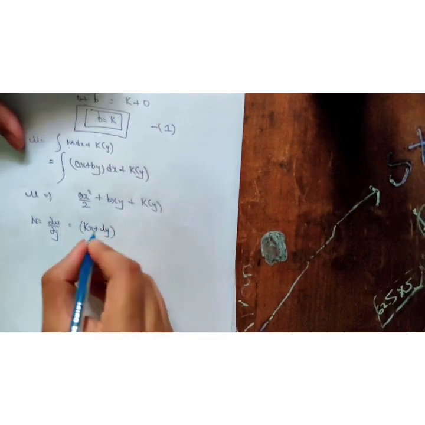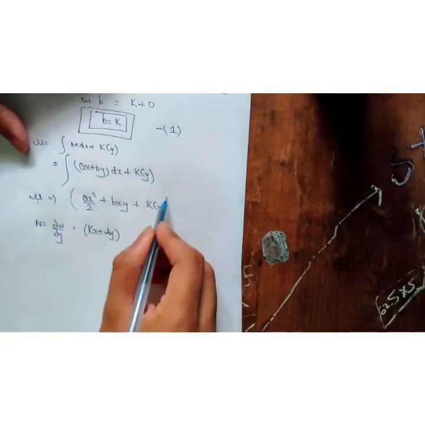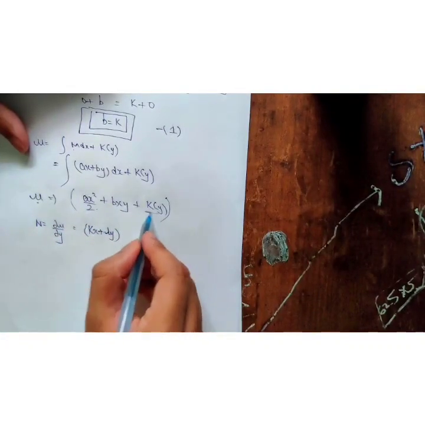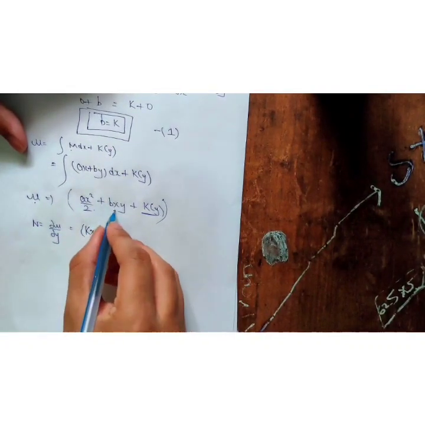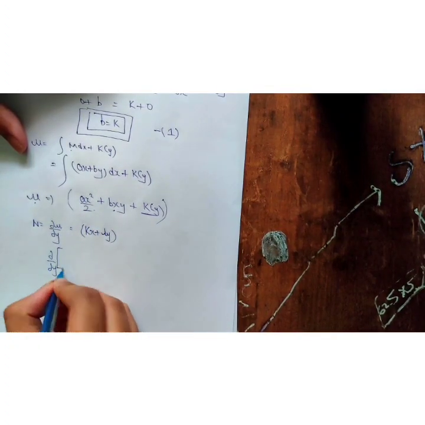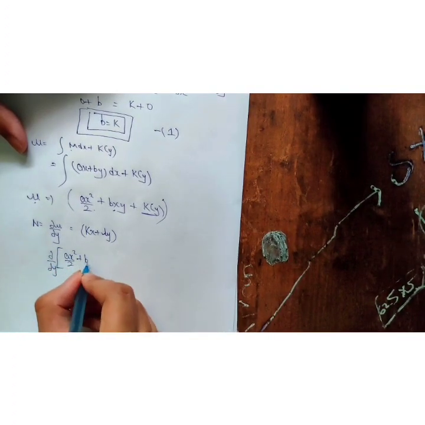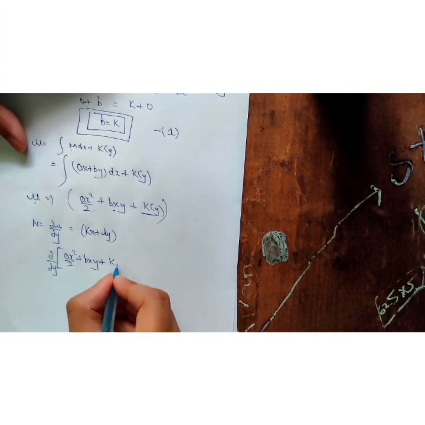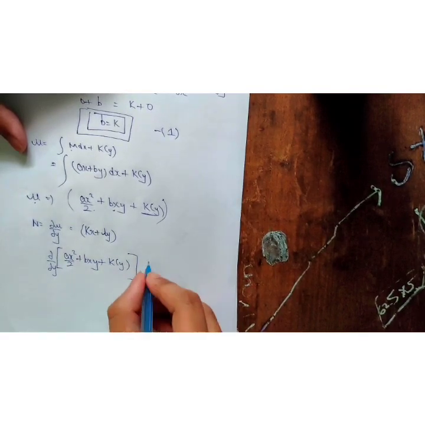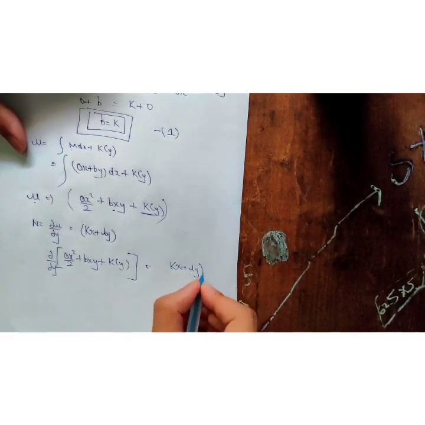Okay. But this is u. We have derived this term u, but we are in the process of finding the constant k of y. So simply replace this here. Dou by dou y of u. What is u? ax squared by 2 plus bxy plus k of y, which is equal to N, that is kx plus ly.